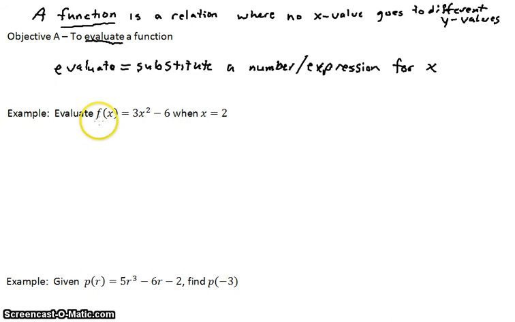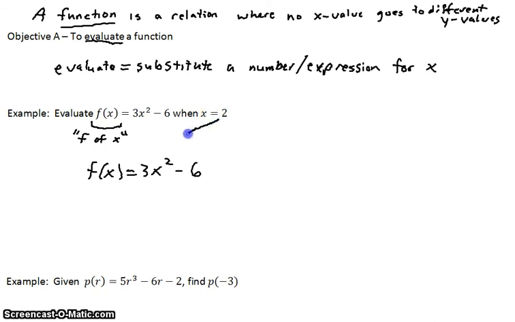So when you look at this, we have this function, and a couple things you need to realize is that this is read as f of x. And that's just fancy notation for saying that we have a function. And what this means is that, okay, here's my function. And it says when x is 2.